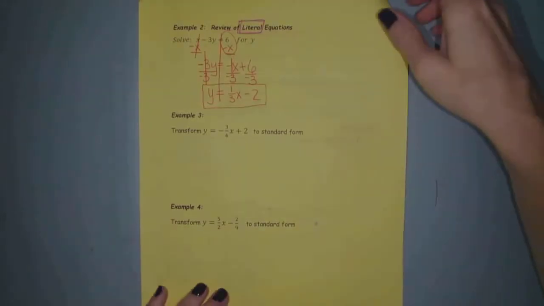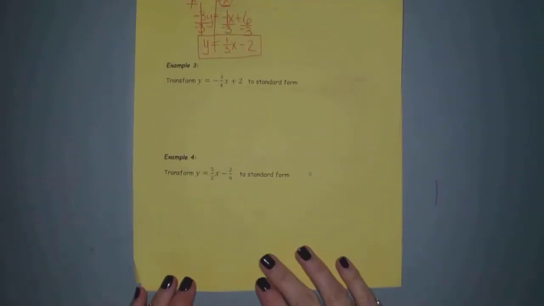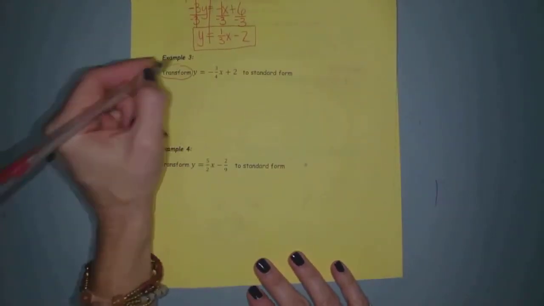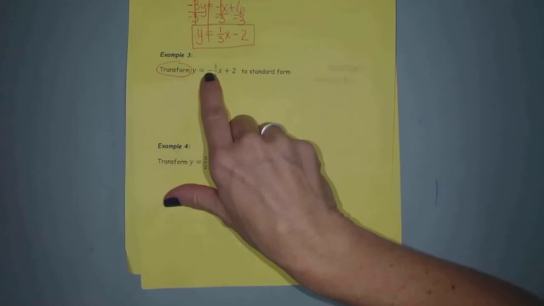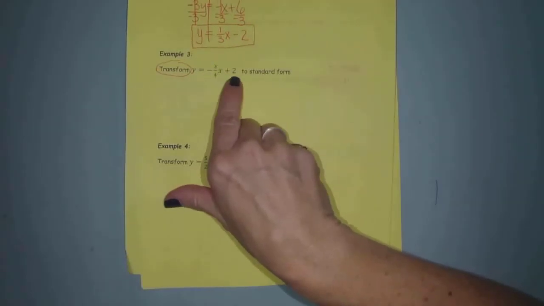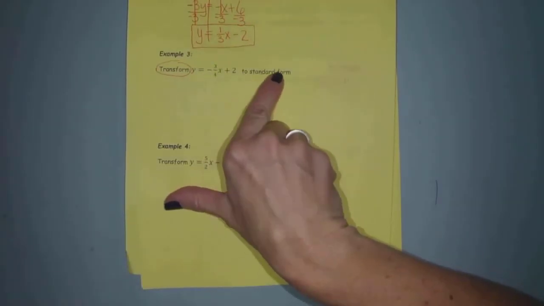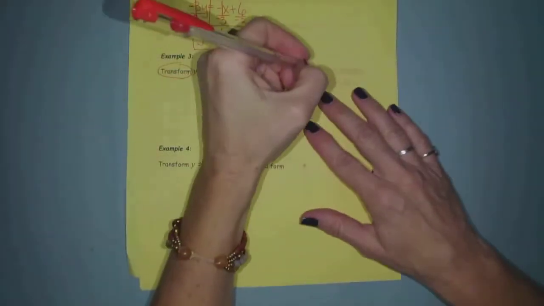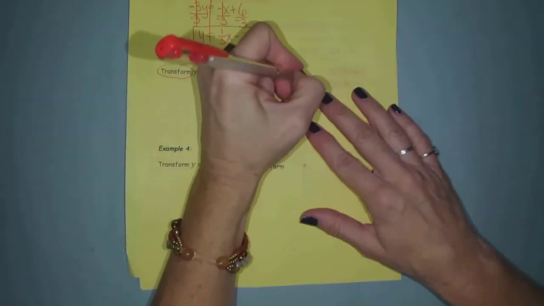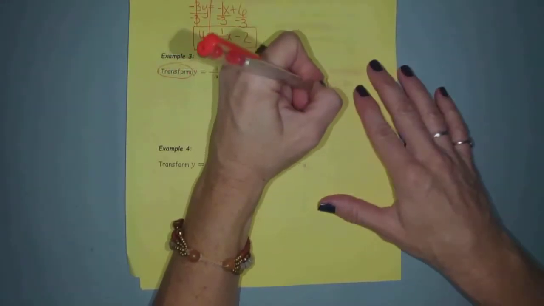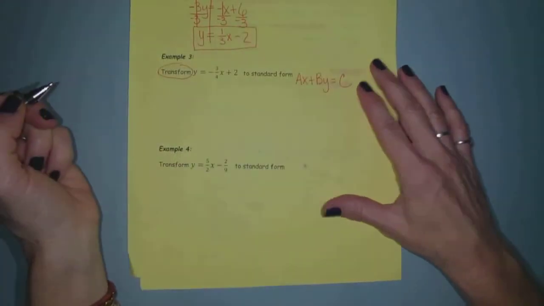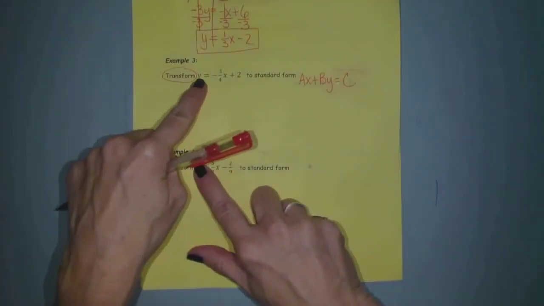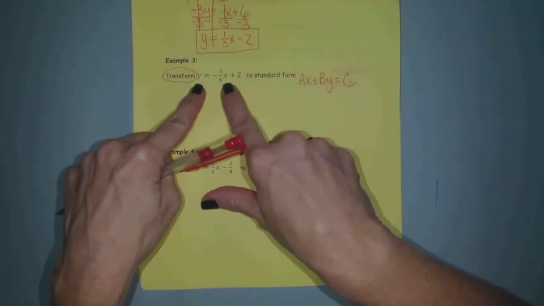Okay? Example 3 says, transform, that means change, y equals negative 3/4 x plus 2 into standard form. So we want to take this equation and make it look like this. Axe body cologne. Well, the problem is we got body on this side with the y, but we got axe on this side.